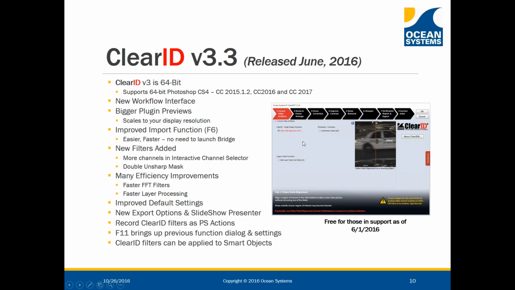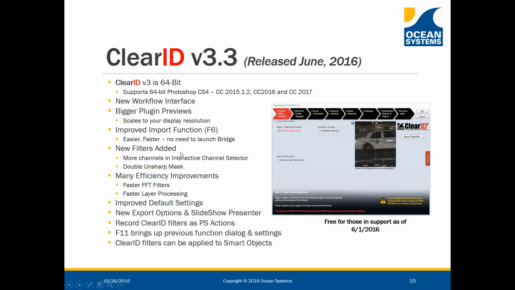We've got the new ClearID 3 interface built in, which I think I'm going to run out of time to show, but here's a quick screenshot of it. 3.3 is free to anyone in support as of June 1st. If you're in support, you're able to download the latest version, and I highly recommend it.